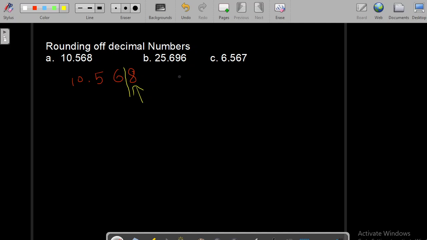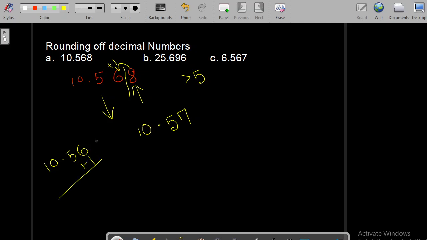If the immediate next digit is greater than 5, we simply add 1 to the last decimal place digit. That is, if we approximate this number up to two decimal places, it will be 10.57, because it was 10.56 and we add 1.